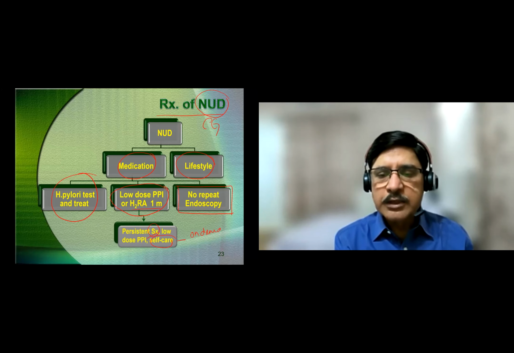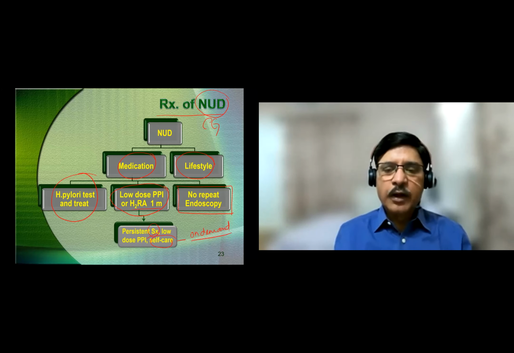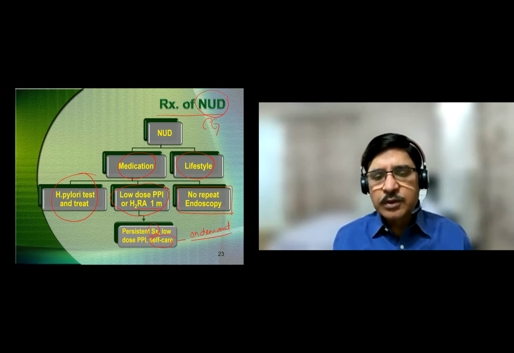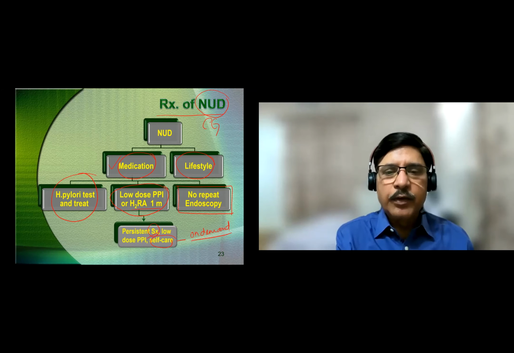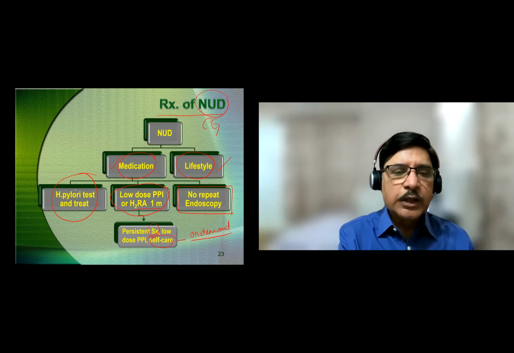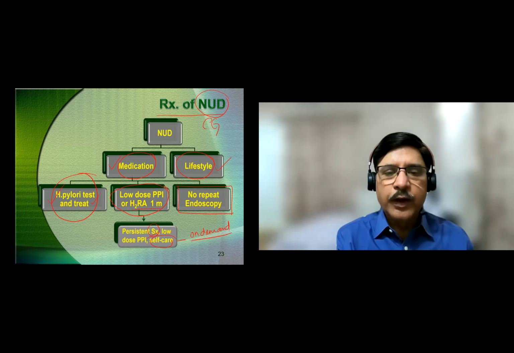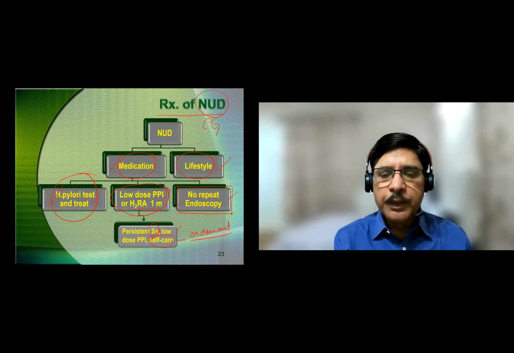You ask the patient after 2 months of non-ulcer dyspepsia to take it as and when needed. So how do I treat NUD? Medication review, lifestyle, test for H. pylori, if positive, treat for it, low dose PPI for 1 month, no repeat endoscopy. For persistent symptoms, continue with low dose PPI on demand also.